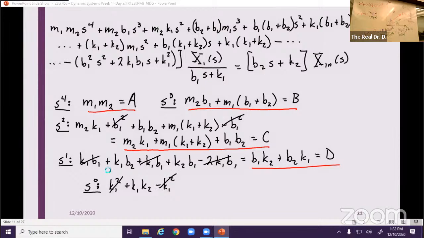And these cancel, and we're left with k1 times k2, which I'm going to call E. And this has the added benefit of what we're about to write down in a second. I'll give everybody a little bit to write.